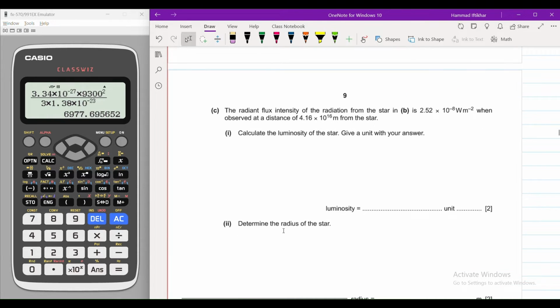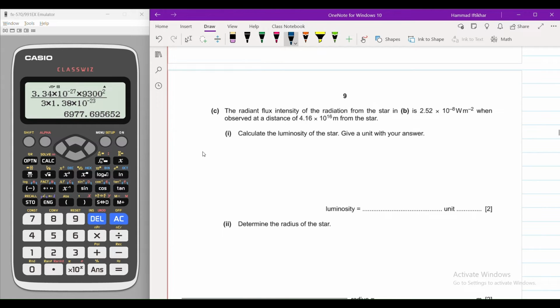The radiant flux intensity of the radiation from the star is 2.52 times 10 raised to the minus 8 watts per meter squared when observed at a distance of 4.16 times 10 raised to the power 16 from the star. Calculate the luminosity of the star.